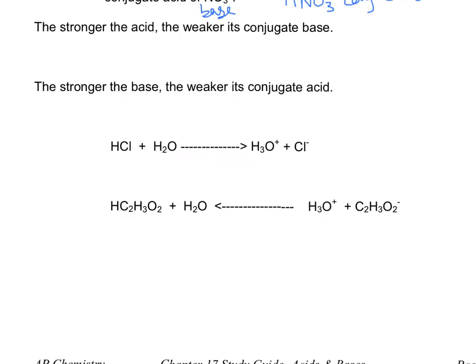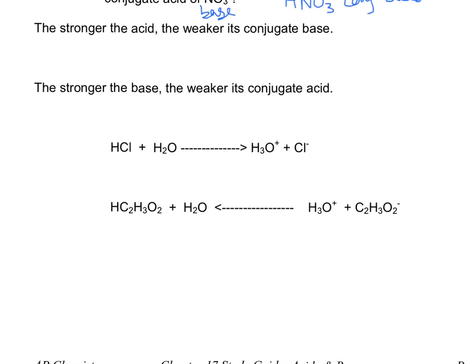When you're looking at conjugate pairs, so an acid and its conjugate base and a base and its conjugate acid, the stronger the acid, the weaker its conjugate base. So the stronger the acid, that means that it donates H plus readily.